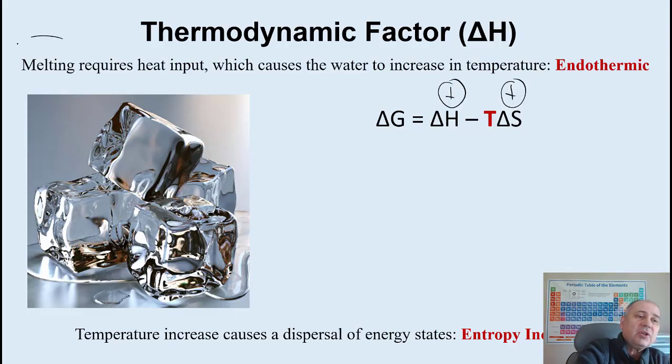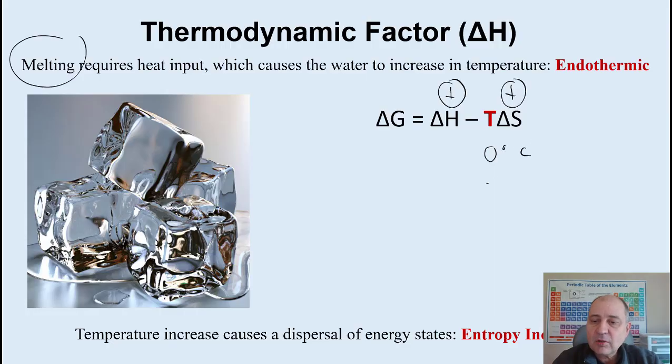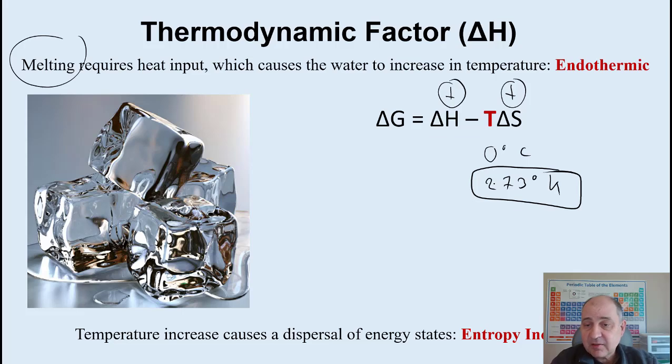So any temperature above 0 degrees Celsius, or 273 Kelvin, anything above will make melting spontaneous. So if you have values for delta H and for delta S, you should be able to calculate the temperature at which this becomes spontaneous.